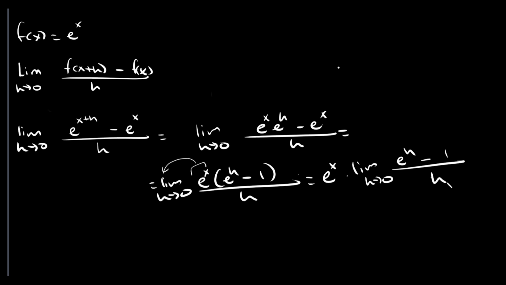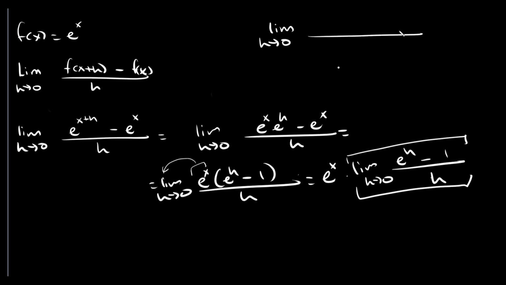And this limit is a special case that you guys need to remember. Unfortunately, these are things you need to remember. Every time you get this, it's always going to be 1. It's a special case, and you have to trust me and trust mathematics.